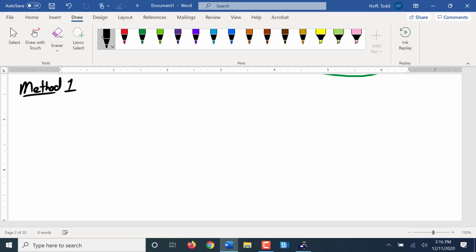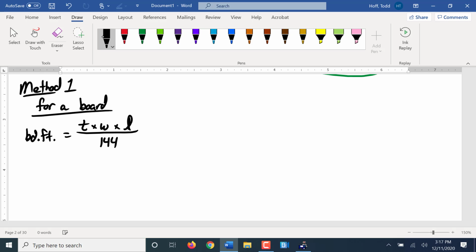Method one is if we have a plank, a board. The board feet, as we saw, was the thickness of the board times the width of the board times the length of the board, all in inches, divided by 144.